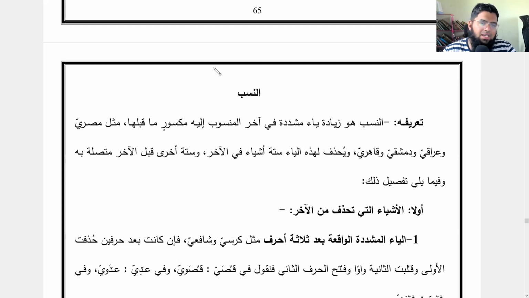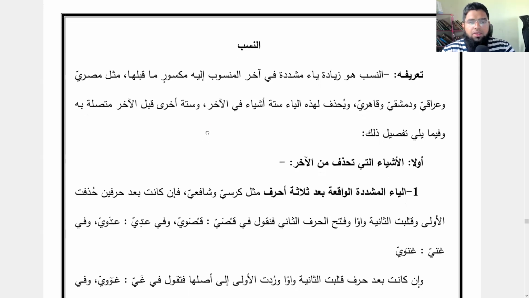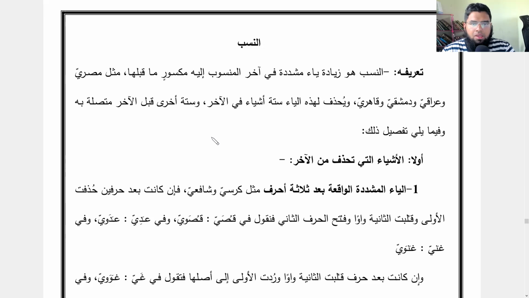And 6 things are deleted at the end. وستة أخرى قبل الآخر متصلة به وفيما يلي تفصيل ذلك. Okay, 6 things are deleted from the ending, and 6 things قبل الآخر, 6 things before the ending.